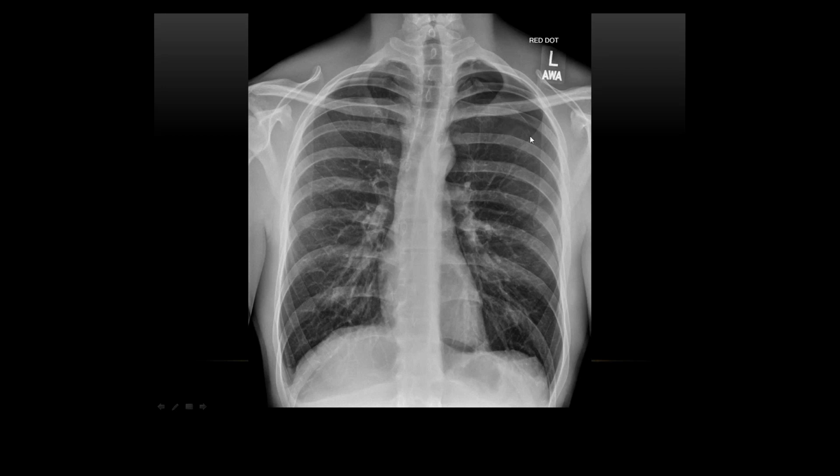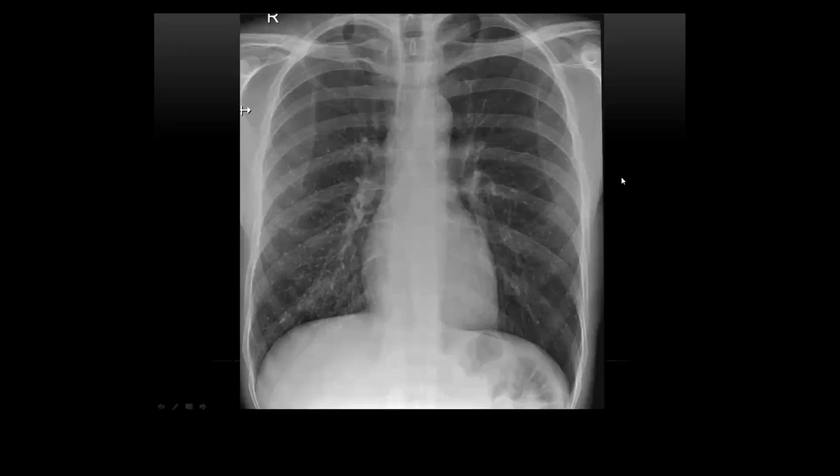Now, you might not be able to see it on your screens, but it actually comes all the way down here. I still don't think you'd stick a drain in that. I think it's too small, because when I spoke to the ED, they said it has to be about 2.5 centimetres at the level of the hilum to put a drain in it. So I think they just treat that conservatively. Okay, next one.